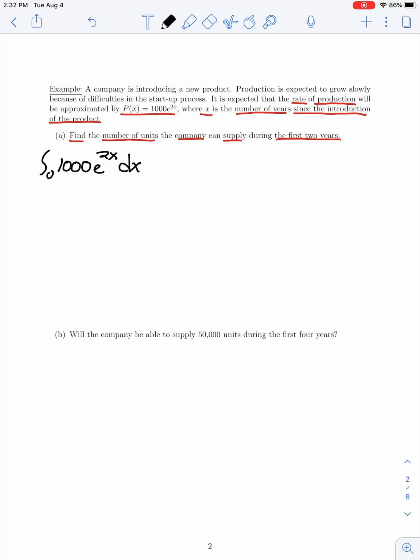The first 2 years would correspond to an interval from 0 to 2. To evaluate this integral, we would make use of the fundamental theorem of calculus. To start, we could move our constant 1,000 out in front of this integral, and we're left with the integral of e to the 2x from 0 to 2.